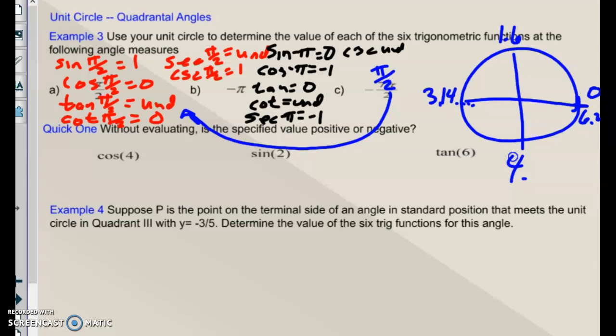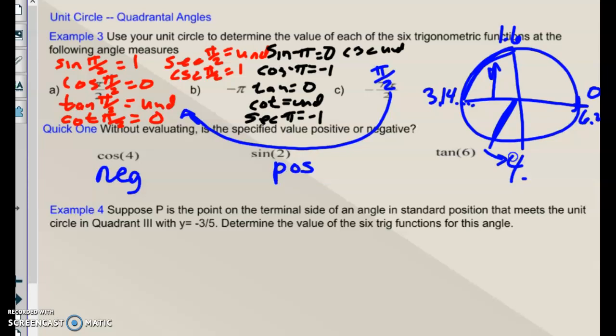And so if I do the cosine, which is the x value at 4, well, it's going to be before this 4 point something, so it's going to be down here. So my x values are all negative. The sine at 2, the sine is the y value, so somewhere between here, since the y values are all above the x-axis, we know these are positive.